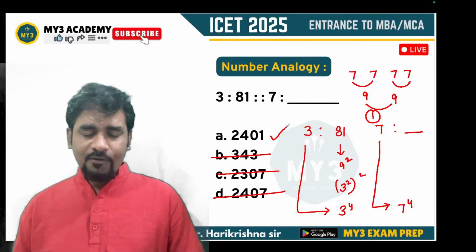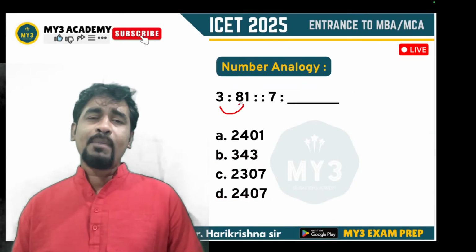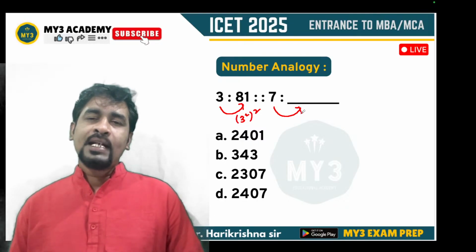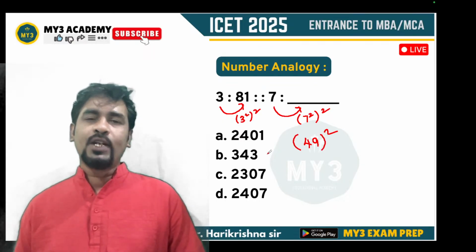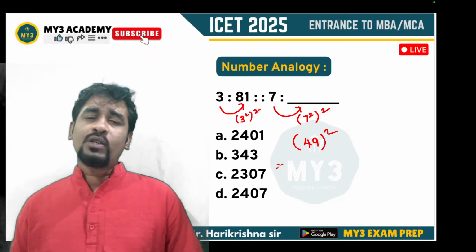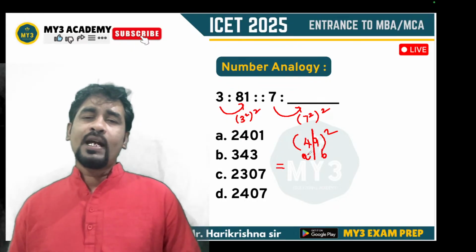Otherwise, if you are not very comfortable with that, you can also find out the square number. 3 becomes 3 square whole square. In a similar way, 7 becomes 7 square whole square. What is 7 square? 49. 49 whole square we need to find out. How can we find the square of a number? You can use the a plus b whole square formula. Here you can treat a as 4 and b as 9.